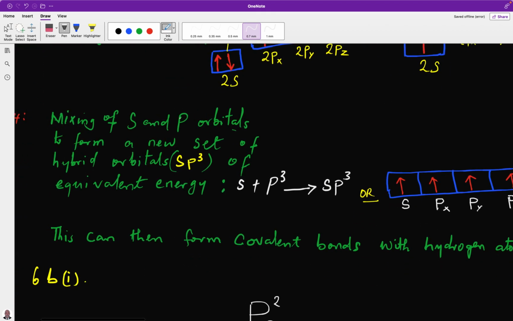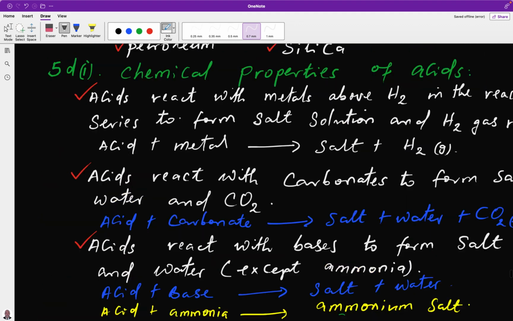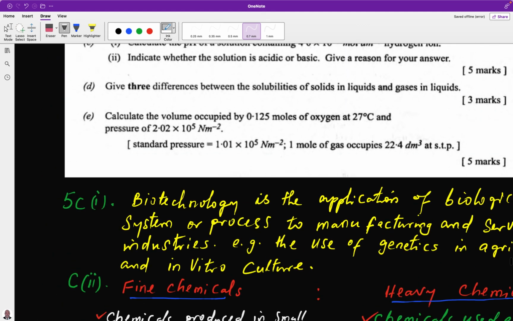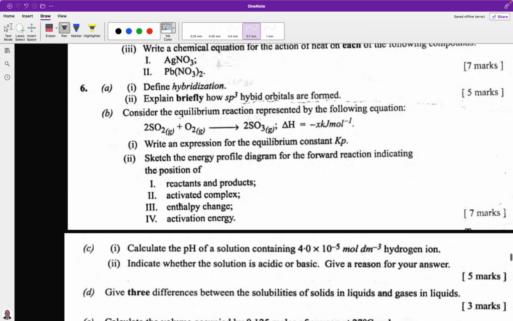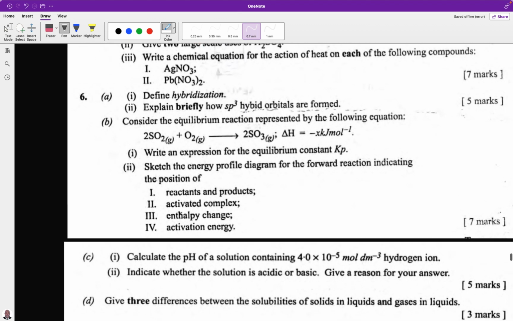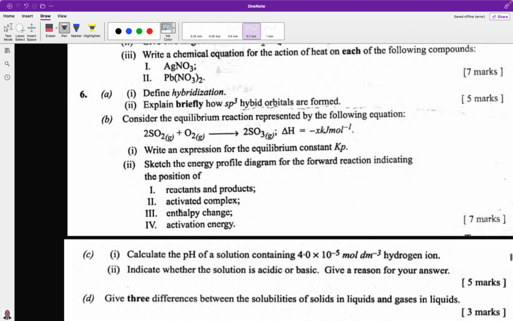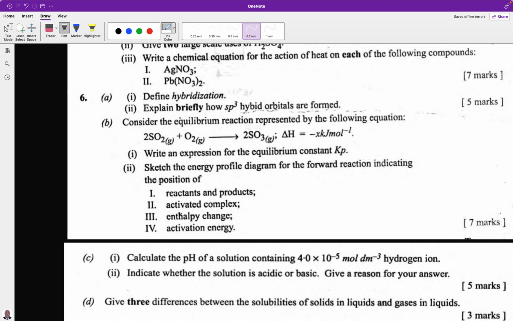Now, let's go to the next question, which is question 6b. Consider the equilibrium reaction represented by the following equation: sulfur dioxide plus oxygen to give sulfur trioxide.